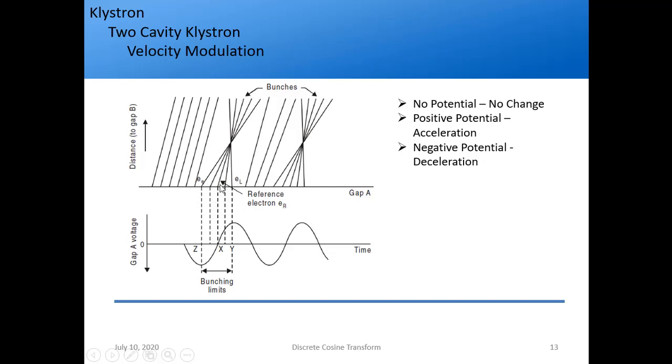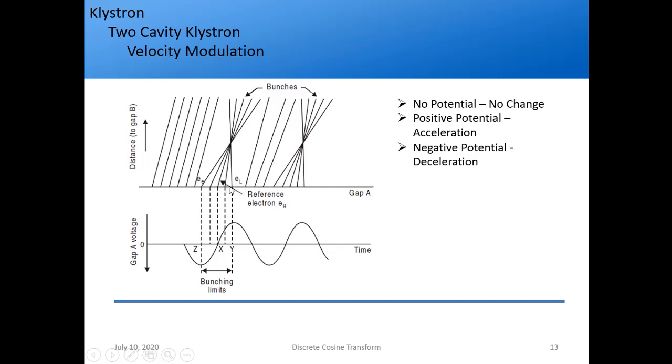So this is called the reference electron, ER, the one at the x position. The one at the y position is coming late, so it is the late electron. The one at z is called EE, the early electron. The early electron is decelerated, the reference is neither accelerated nor decelerated, and the late electron is accelerated.